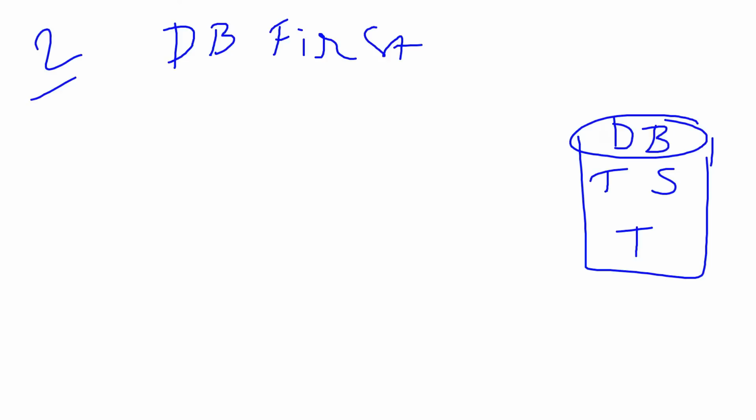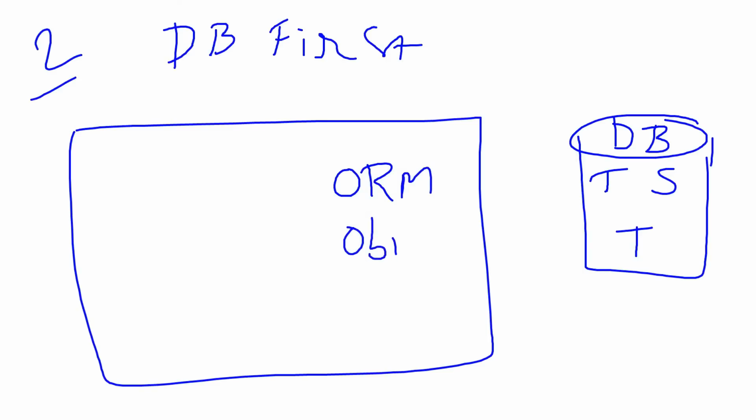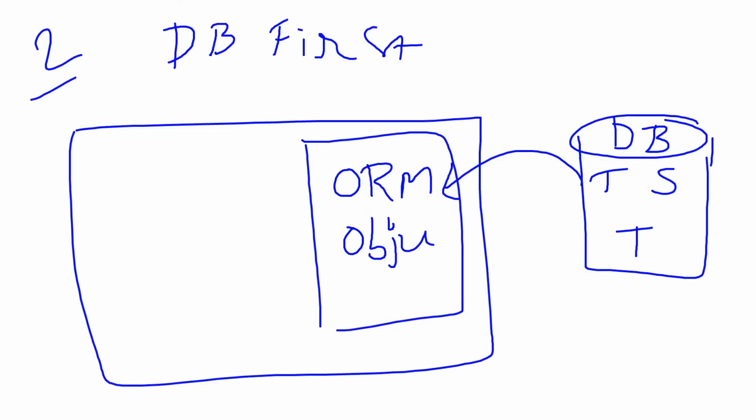Once the database is ready, in our application we will generate the ORM objects using this database schema. We will generate ORM objects in our application using that existing database. So that's why it is a database first approach. Then we will start using the ORM objects inside our application. This is the second approach.